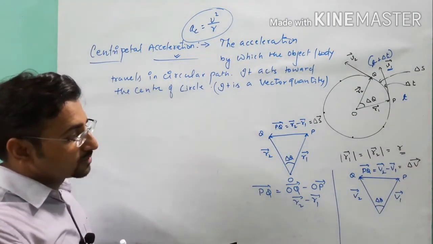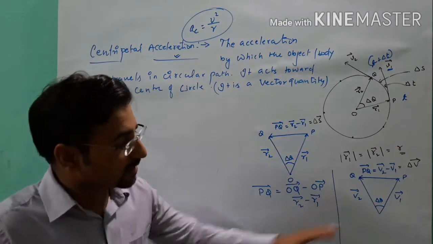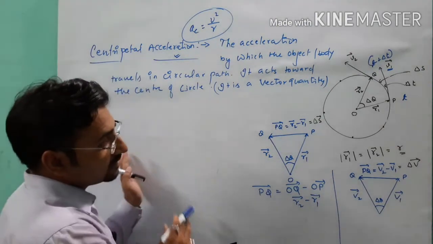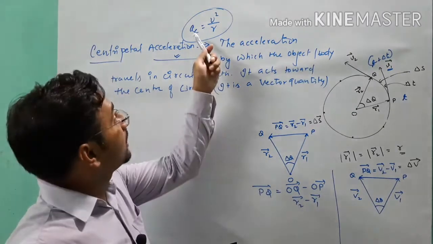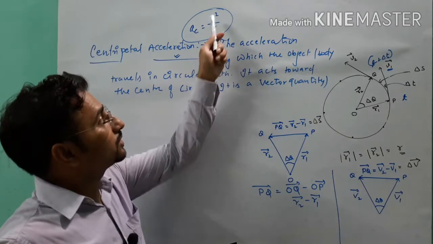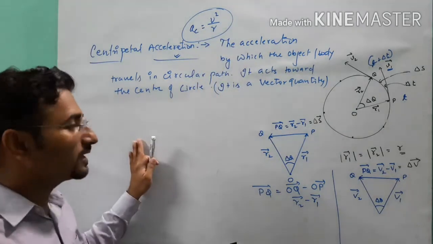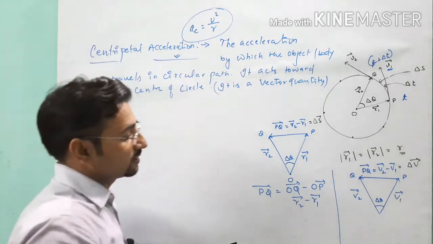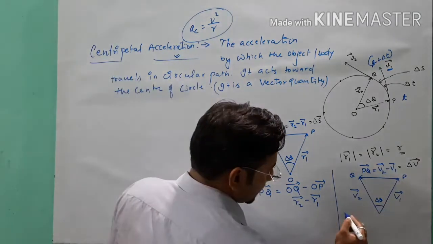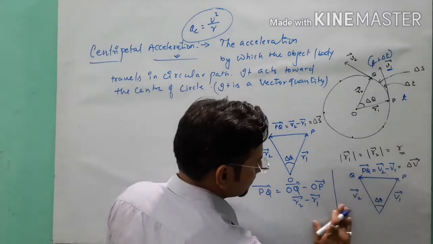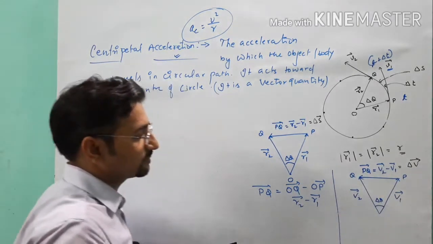Point clear, students? So after drawing these two diagrams, you can easily write the relation between centripetal acceleration, velocity and r, or you can find the formula of centripetal acceleration. Now see, from the given diagram you can see this PQ, I have written all things here, no need to write it again.